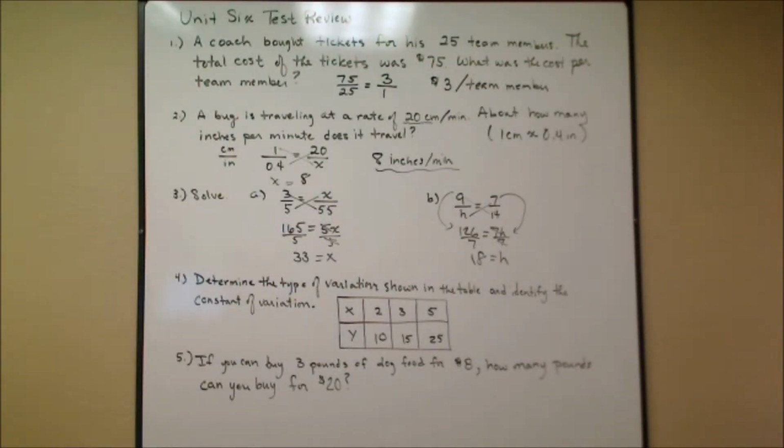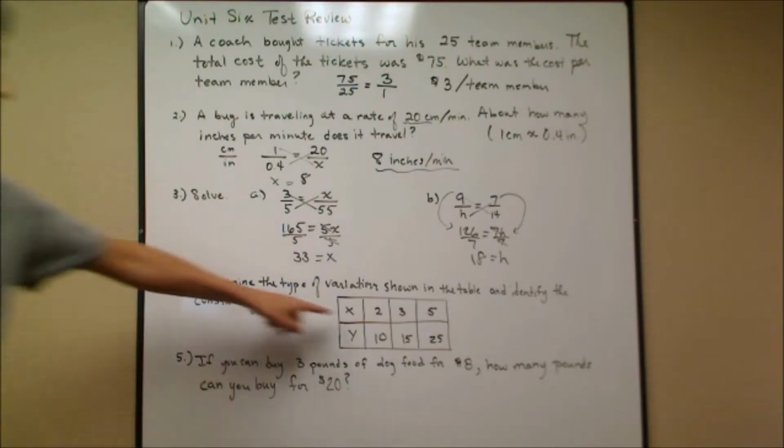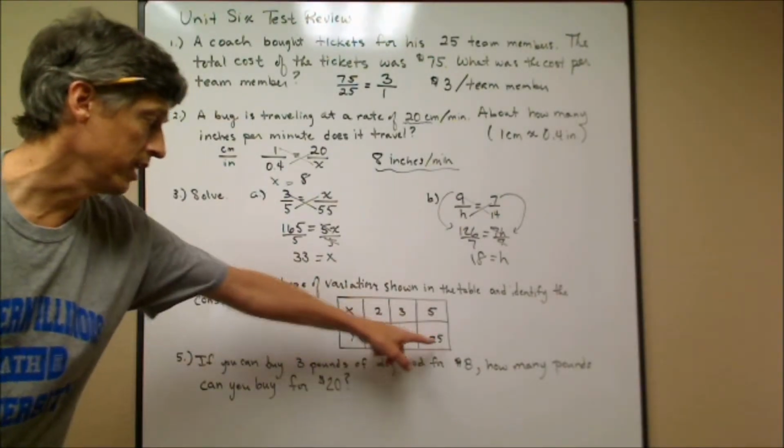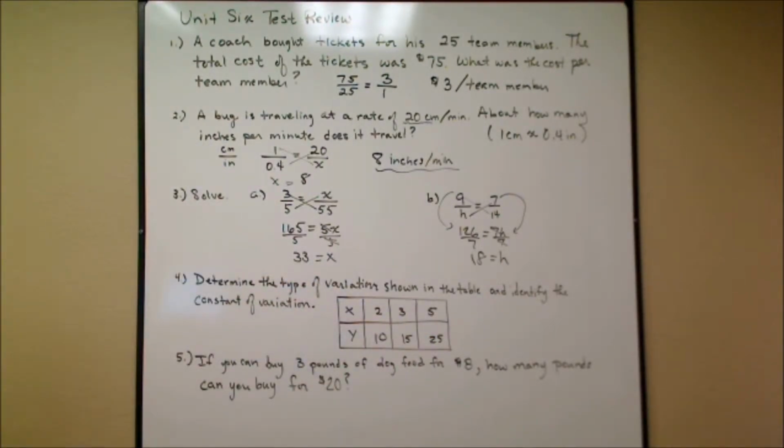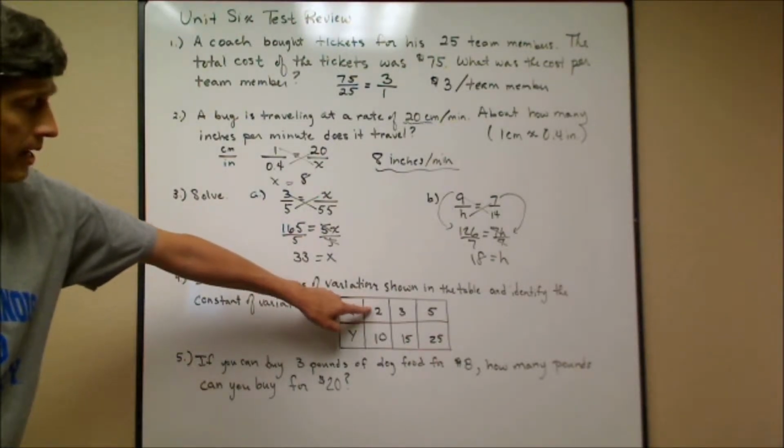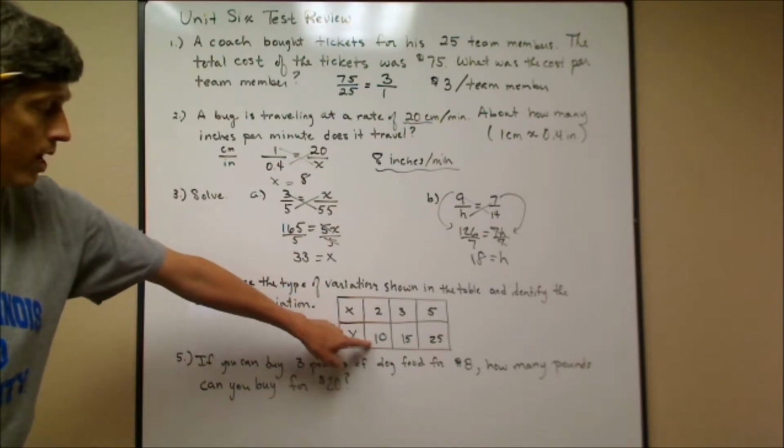Now problem number 4 says, determine the type of variation shown in the table and identify the constant of variation. As x gets bigger, y is getting bigger, so this is direct variation. If x gets bigger and y gets smaller, then it's inverse variation. And my constant of variation is what it takes to multiply times my x to get my y.